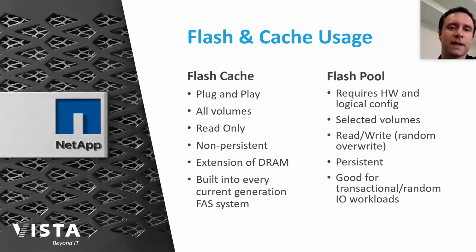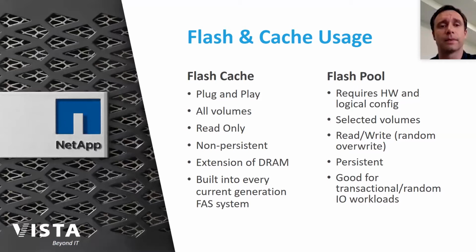When we move over to flash pool, and again, you can put these both in the same system, data OnTap is intelligent enough to recognize when we've assigned flash pool for a particular volume, and it's not going to use flash cache for that same volume. So kind of optimizing how we use flash in the system. These are SSDs, so they are protected by parity on the back end.